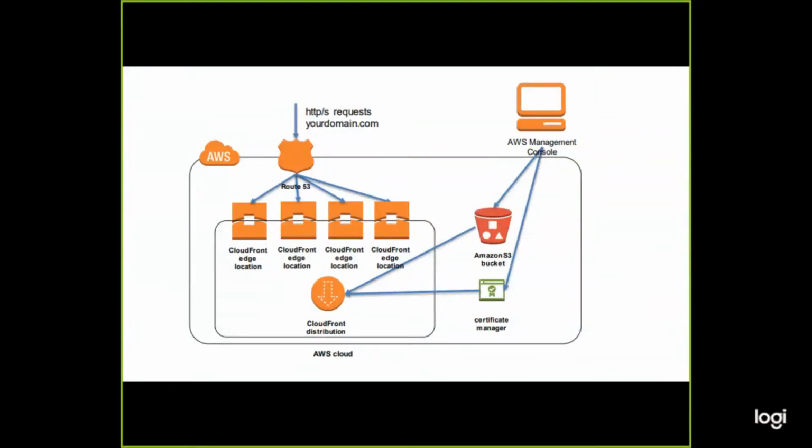So what is in here? We can see the edge locations, which represent different locations where we can have different copies. We can also have our website sitting on S3.